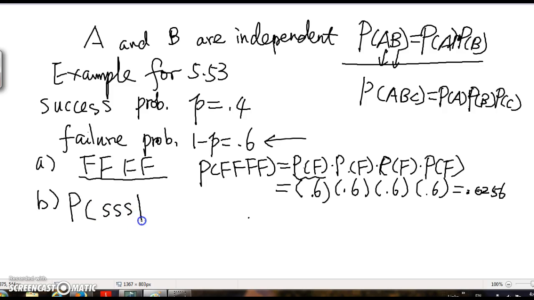Success, given the condition that the first 3 were failures. F. So be careful, this is not the same as P. The first 3 failures and the next 3 successes are not the same thing.